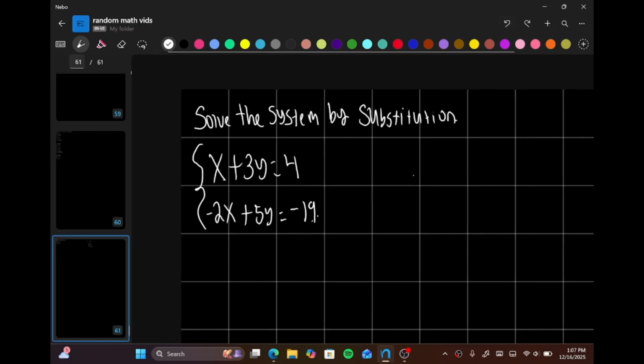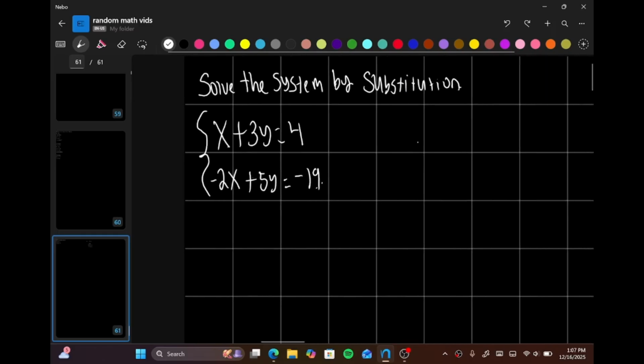You can do it by elimination as well, but sometimes, if you want to do it by substitution, you can. However, if there is a number greater than 1, or less than -1, then you would have to do it by elimination. It would just be the easier method. But like I said, in this case, substitution works. So let's get started.